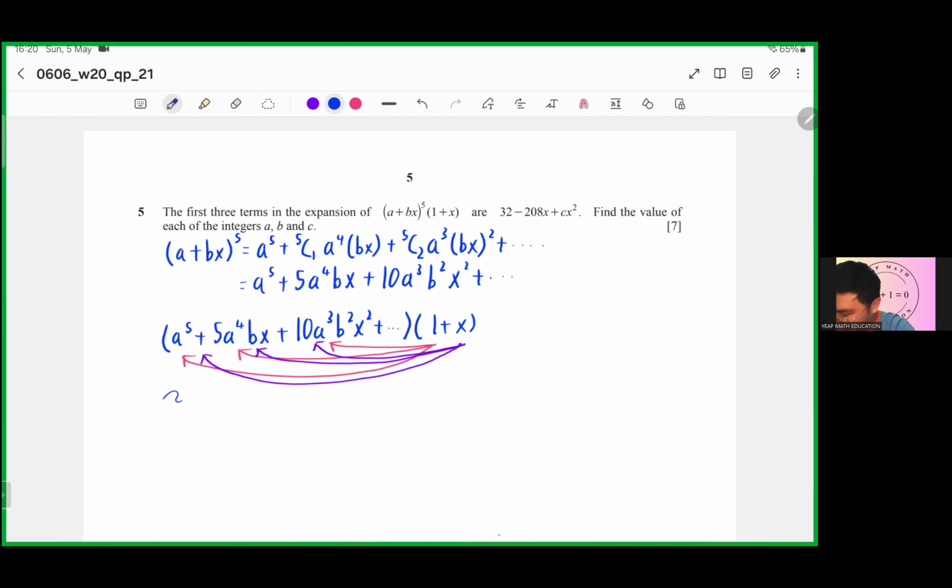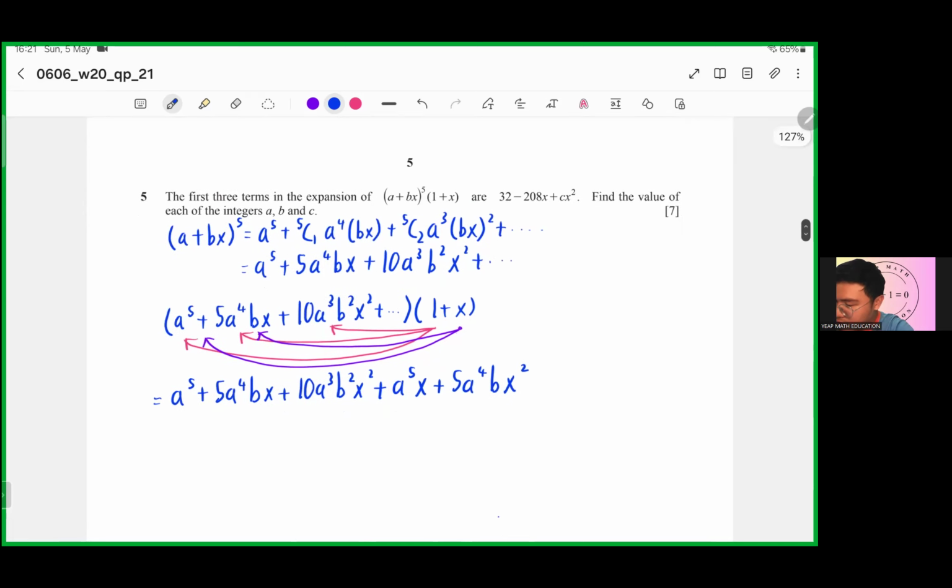Now we can write a to the 5 plus 5a to the 4 bx plus 10a cubed b squared x squared, and then plus a to the 5 x plus 5a to the 4 b x squared. We just stop here. For this last part you don't need to multiply, because here you don't see x cubed. So just until here, stop.